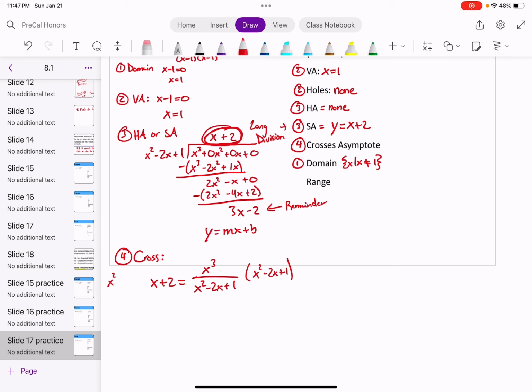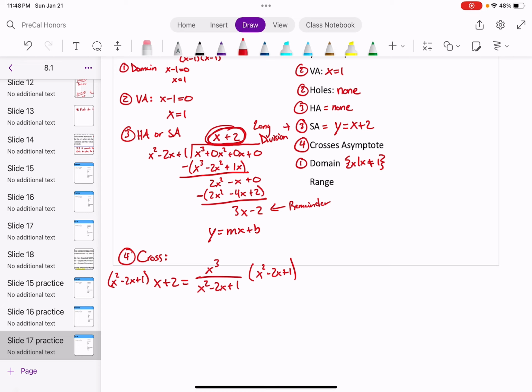That will cancel the denominator. We're going to work on the left-hand side. This will give us x times our entire parentheses, which gives us x to the third minus 2x squared plus x. And then we're going to multiply the 2 against everything in the parentheses, which is positive 2x squared minus 4x plus 2, is equal to x to the third.